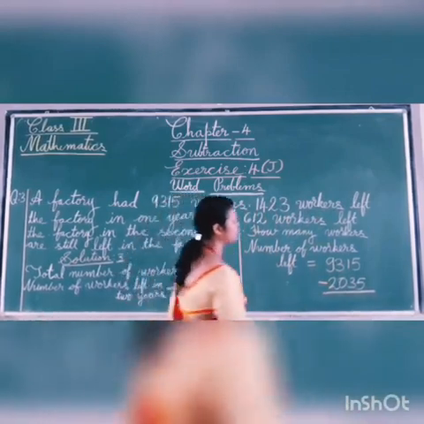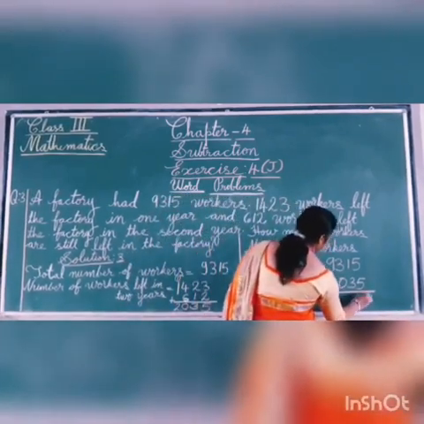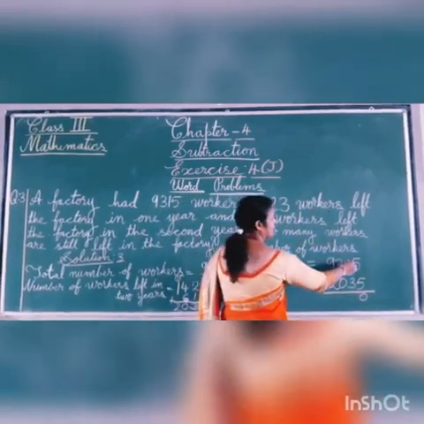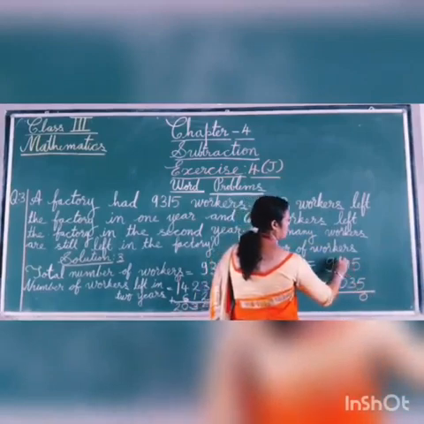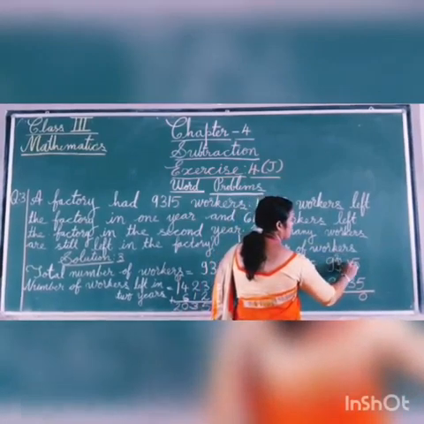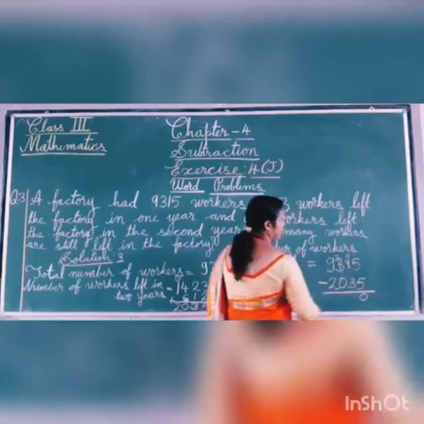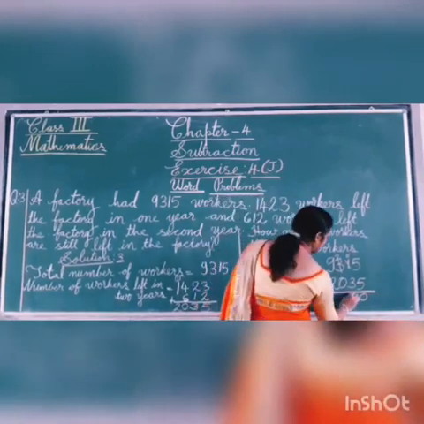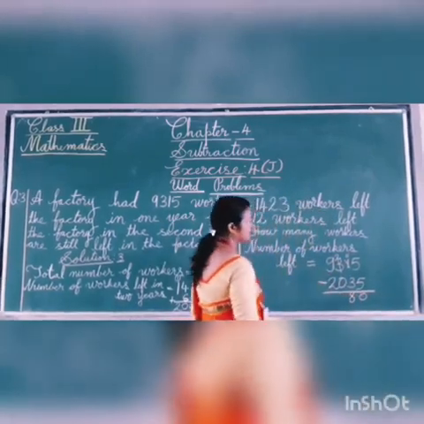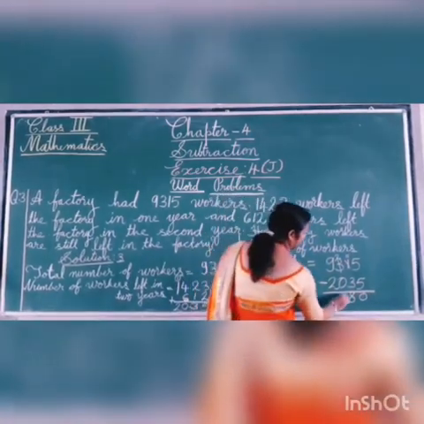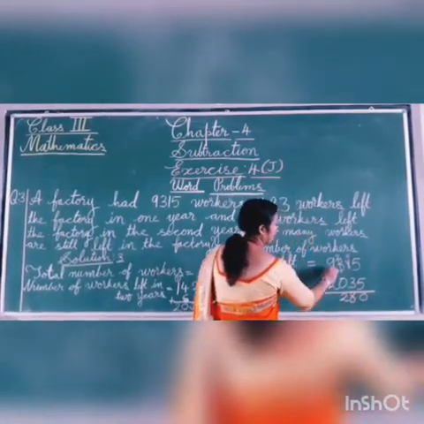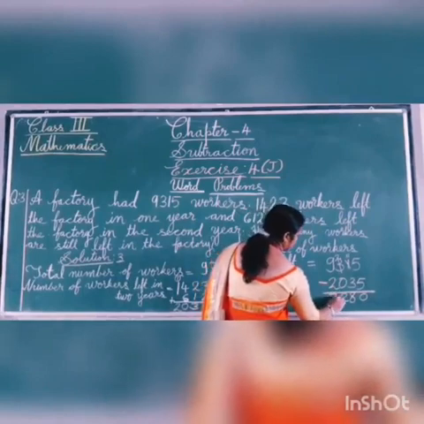5 minus 5, we will get 0. And here we cannot subtract, so we borrow from here. And here it is 11. 11 minus 3, 8. And here we have 2 only. We will write that. 9 minus 2, 7.